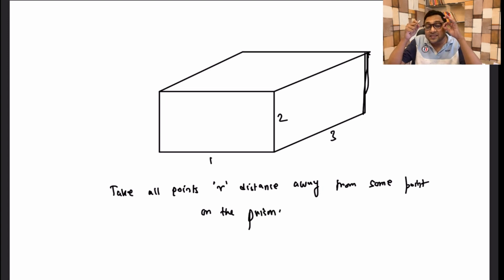So this is precisely what our neighborhood of a particular set is. You take everything that is r distance away from a certain set of points. Okay, so I'll give you an example.